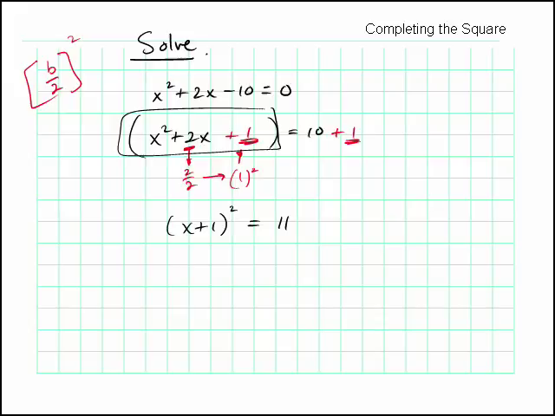I can now solve this equation by taking the square root of both sides. On the left, we have x plus 1, and on the right, we have plus or minus square root 11.